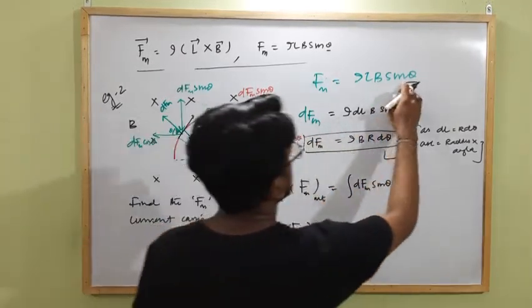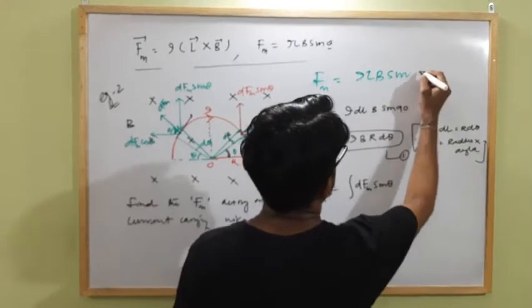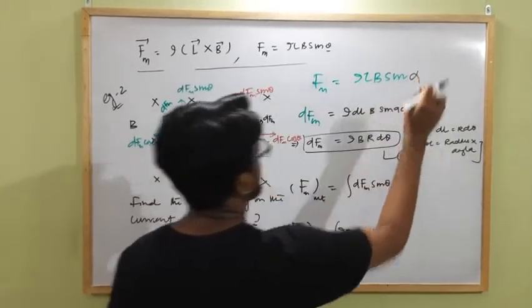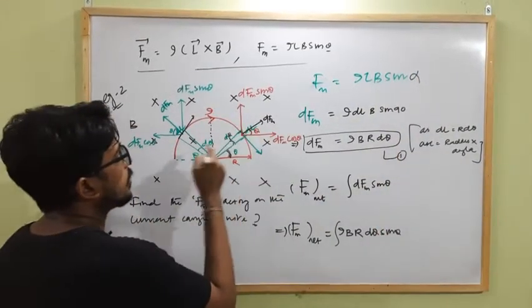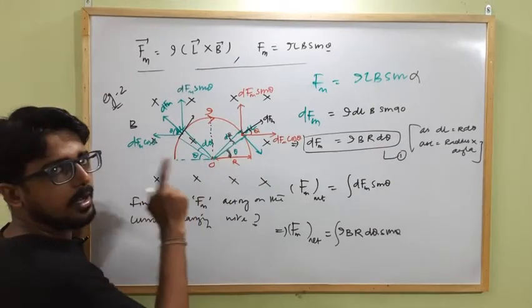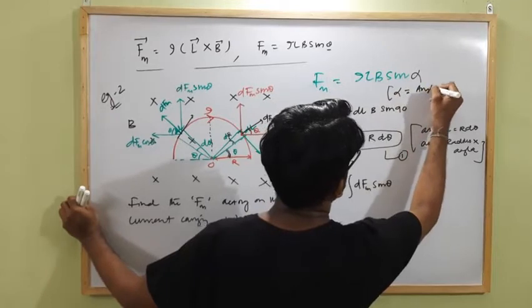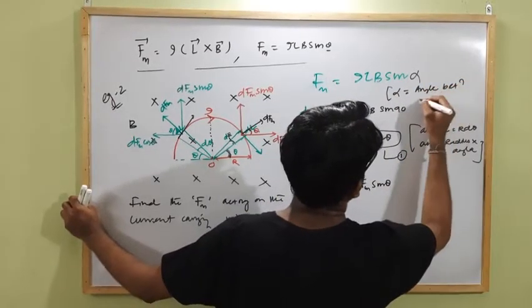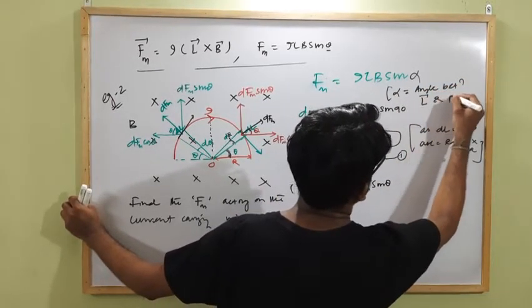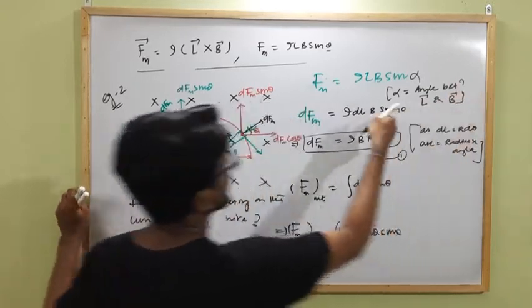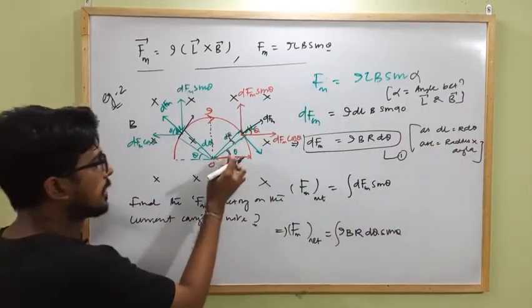Or let me replace it here, this is alpha. Here alpha is the angle between the direction of magnetic field and length vector. I am mentioning here alpha equals the angle between L vector and B vector, which is 90 degrees in this case, and theta is this angle.